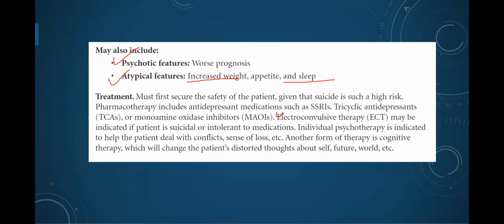ECT is mainly indicated for patients with severe depression where no medication is working and no psychotherapy is working, severe depression with psychotic features, mainly geriatric or older patients. And very important, if that patient stops or refuses drinking and eating.